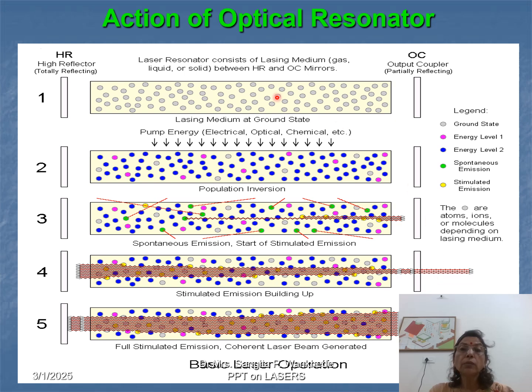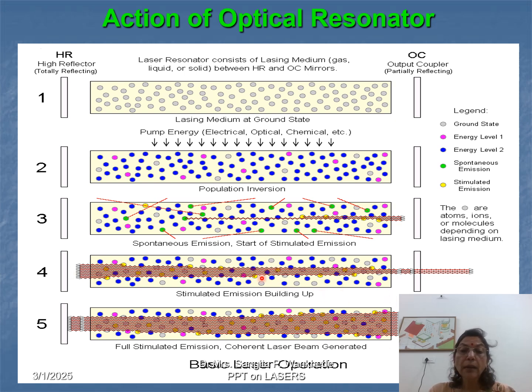So these are the 5 steps. First, initially atoms remain in the ground state. Then through pumping, population inversion is achieved, then spontaneous emission will start. The spontaneously emitted photon will trigger stimulated emission, and the stimulated emission will be augmented in the direction of the optic axis only.